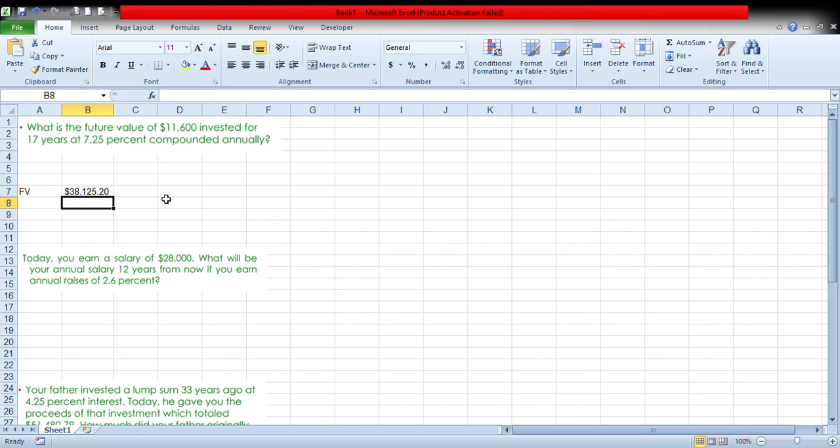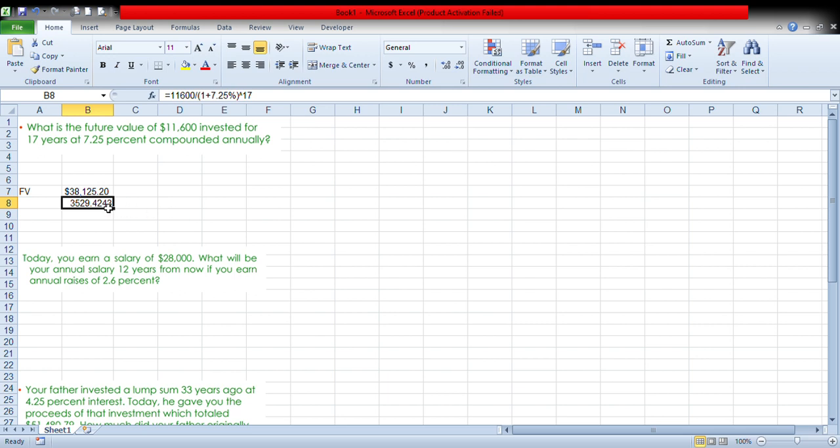I also want to tell you that if you don't want to apply the Excel function, you can calculate it very easily. First, you take the present value 11,600 multiplied by 1 plus the rate, 7.25%, annually, to the power of 17.